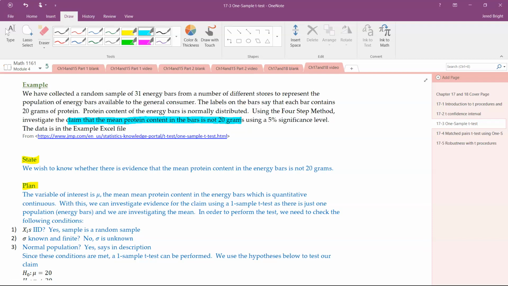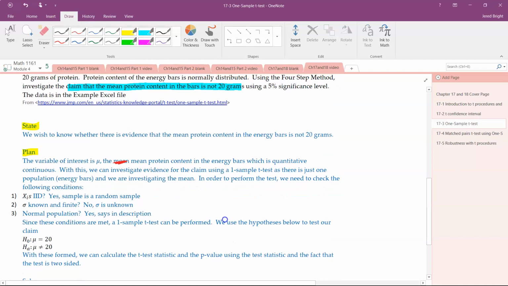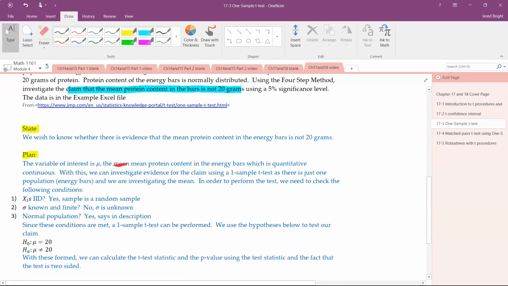So that's the state step. And the plan step, this is very similar to what we had for the z-test, so I just pretty much copy and pasted and edited.